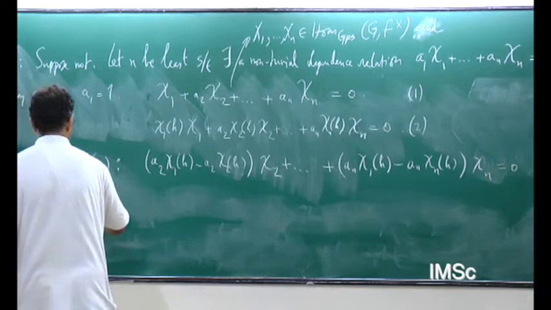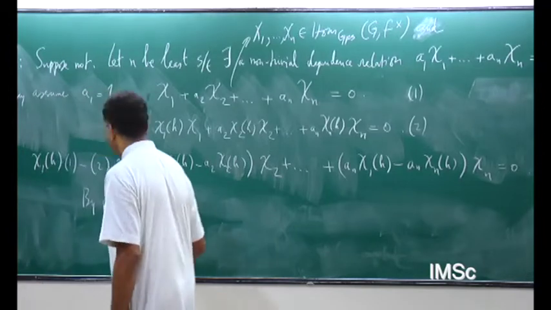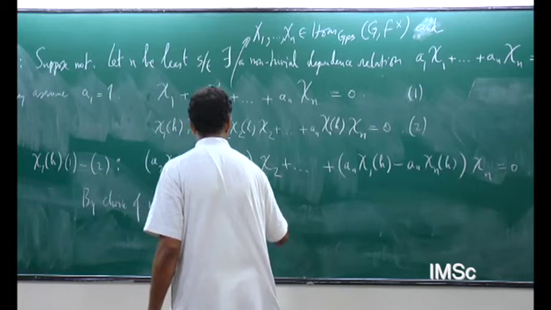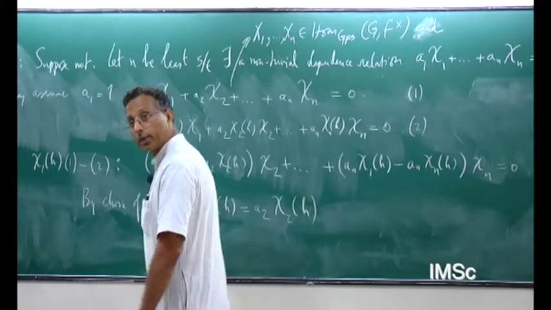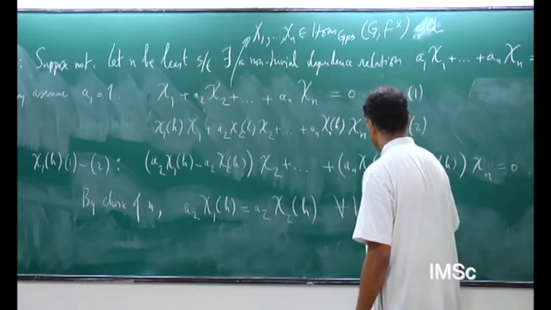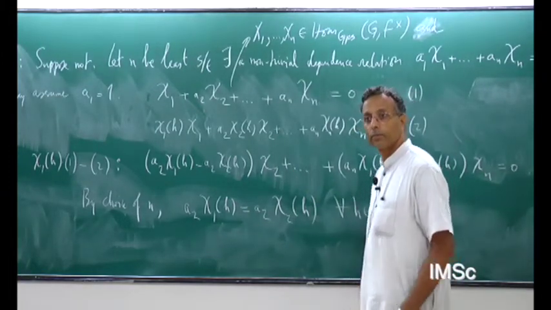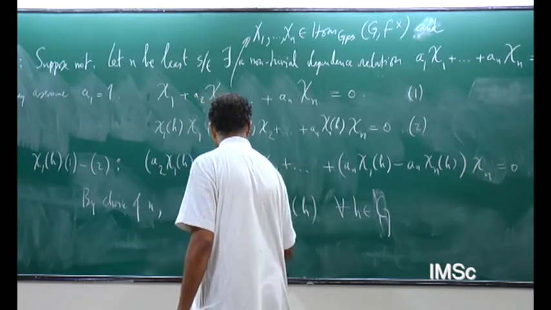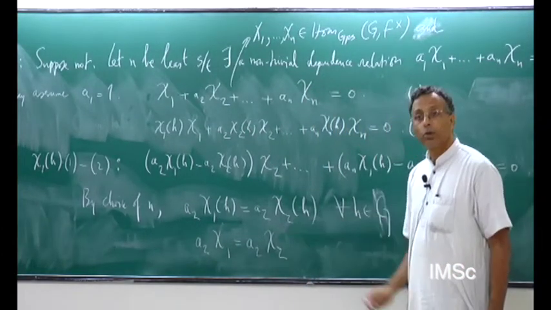By choice of n, I get a2 chi1h equal to a2 chi2h, but this is for all h. Therefore I can erase the h. So a2 chi1 is equal to a2 chi2, but a2 is non-zero.